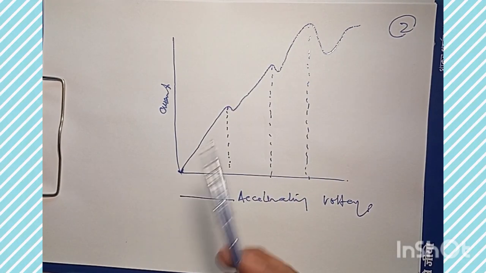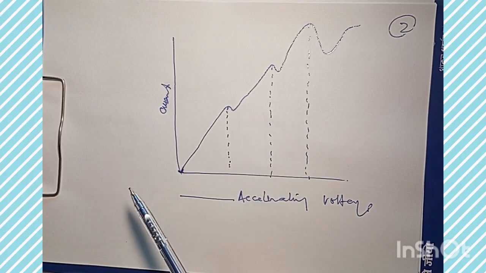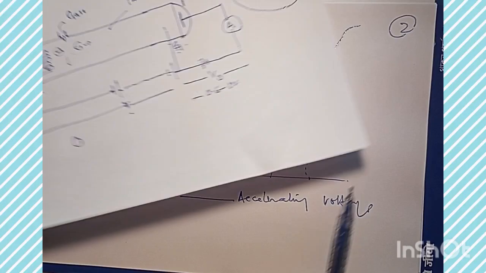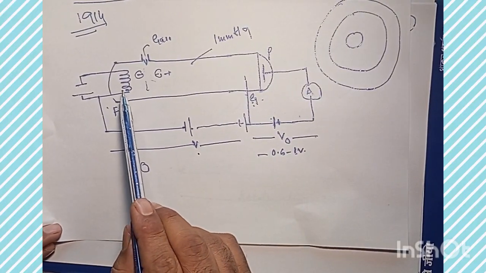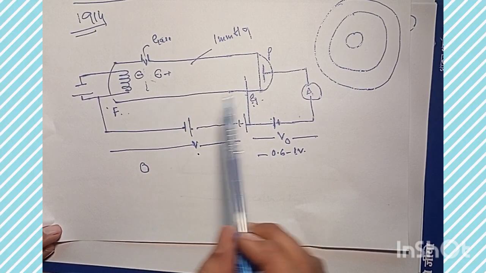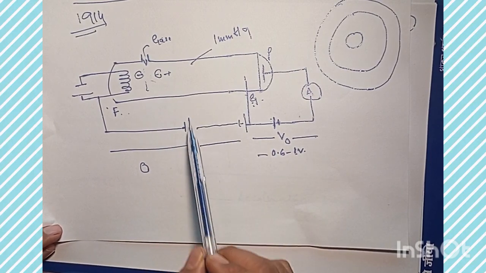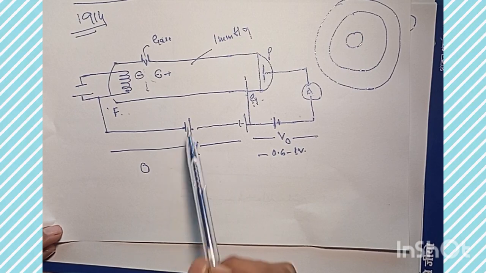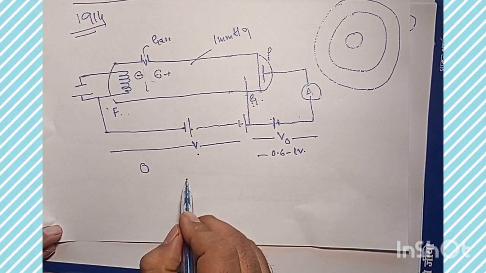Now these electrons are emitted from F, the filament that we have, with a range of small energies. In the beginning, as we start from zero, they acquire some small additional energy, say eV.